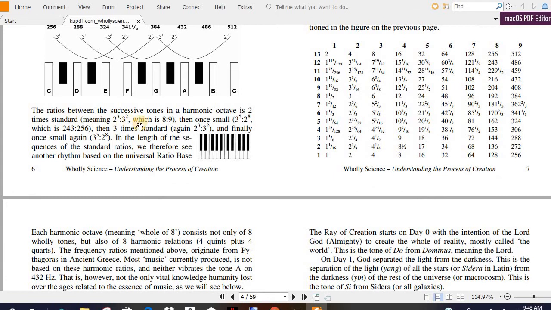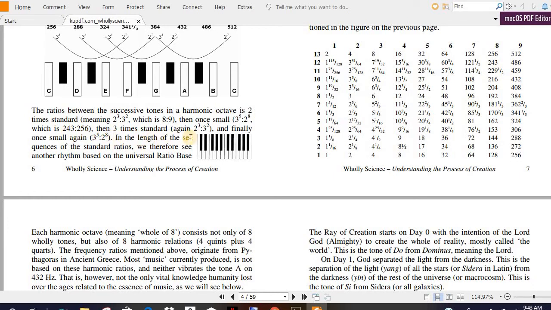The ratios between the successive tones in a harmonic octave are 2 times standard, meaning 2 to the third, 2 to the second, which is 8 over 9. Then once small, 2 to the 3 to the fifth, 2 to the 8, which is 243 over 256.